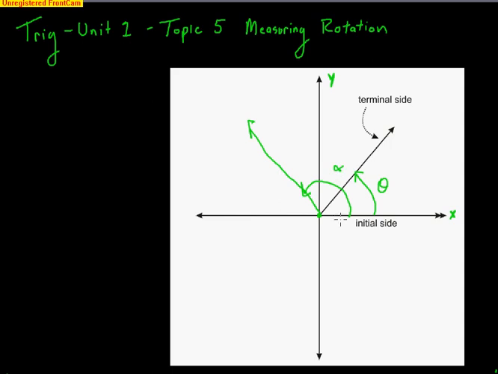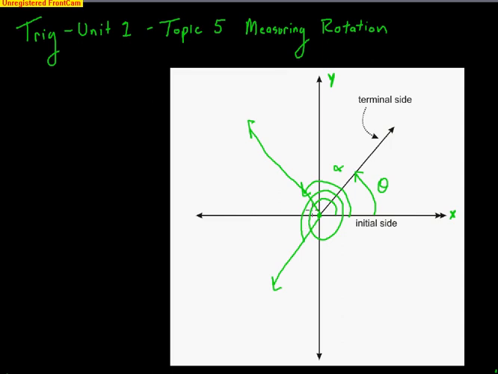Okay, we could also have angles that go continuously. They go all the way around a full circle, and then they keep going. That could be an angle as well. That would be a really big angle. So that angle would be a full 360 degrees rotation around, and then another 180, and then even some more.